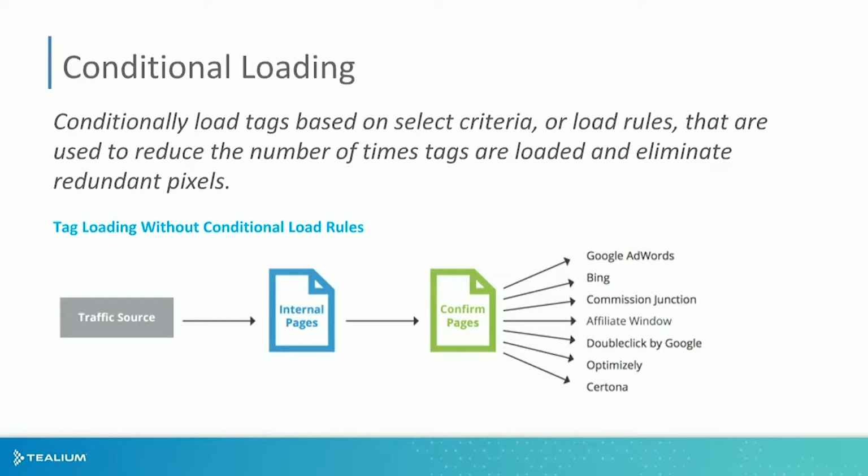Now we started to talk at least a little bit about conditional loading of particular vendors, in a previous slide, but this sort of takes that and grows it into this notion of efficiency.